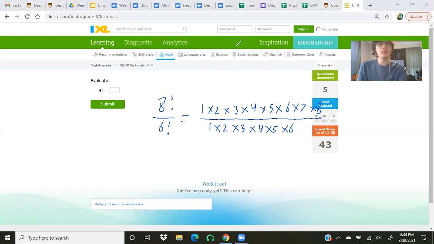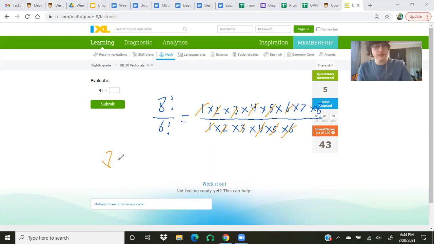So I hope you can see what's going on here. You can actually cross out, because everything's multiplied together, what's on the top and on the bottom, such as 1, 2, 3, 4, 5, and 6.